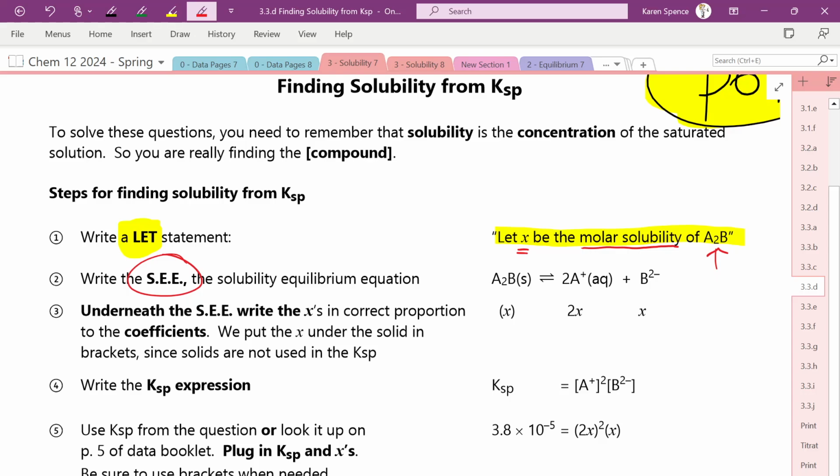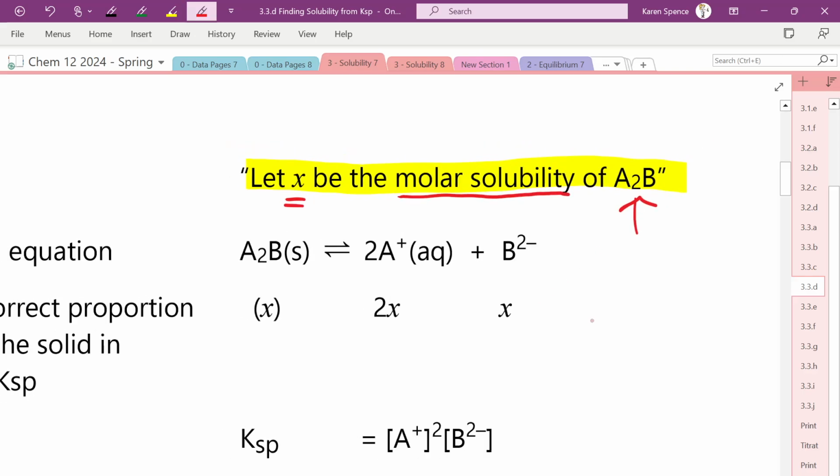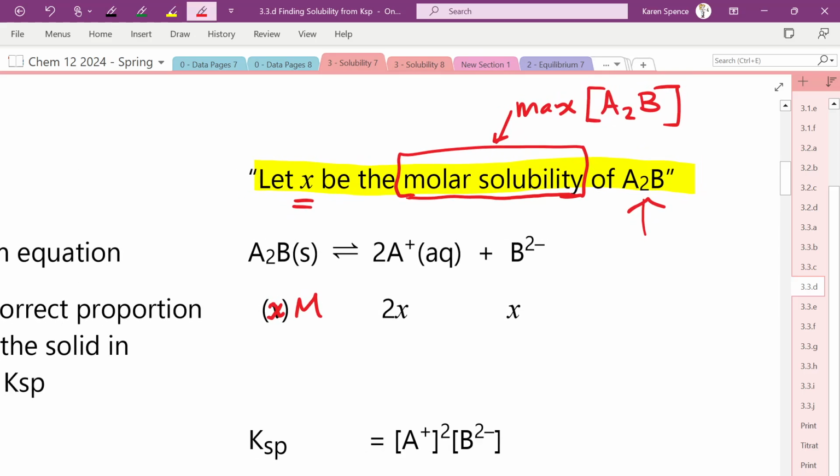And then for this one, underneath the C, you can write the x's in their correct proportion, because remember, the molar solubility is the maximum concentration of A to B. And so our concentration of A to B is x molar. That means that if you have two A's, it's going to be 2x, and if you have one B, it's going to be 1x. All right?